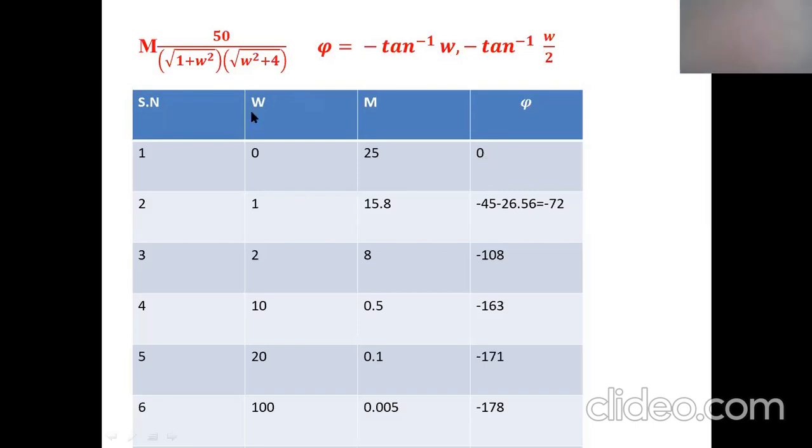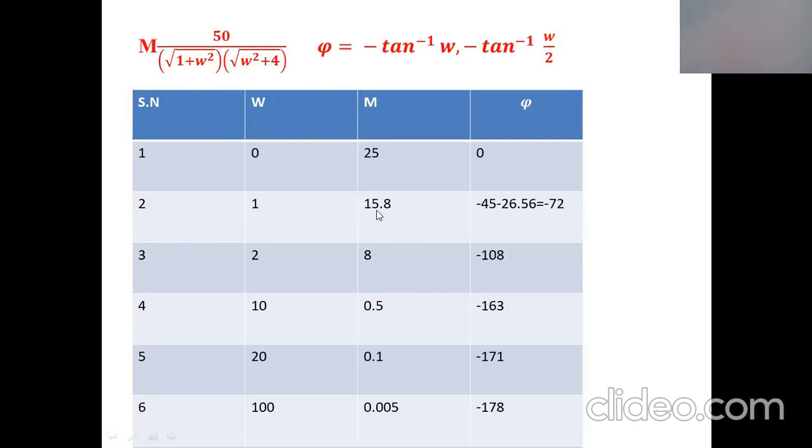Then we vary angular frequency. You can just pick any values here. I've just picked a number of values to show you how we populate this table. For example, if we place 1 here, our magnitude is going to be, here we have a root 2, and here we have a root 5. So you want to have 50 divided by root 2 divided by root 5. If you have your calc with you, you can check that one out.